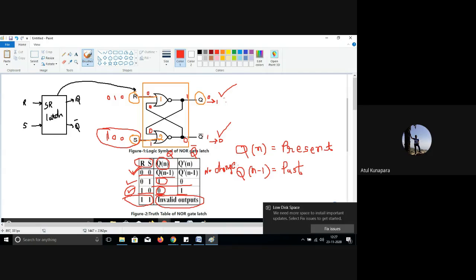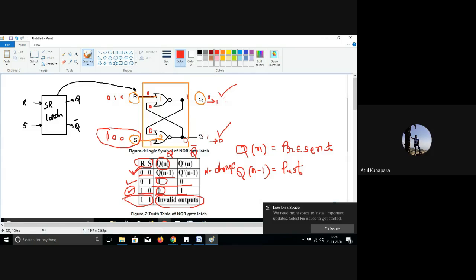And you can see here that your output depends on the present input as well as the past input also, right? How is that so? Because you can see here we have used the cross coupled NOR gate in the latch. And that is why the input which you are supplying here at R and S is not always changing your output accordingly, right?